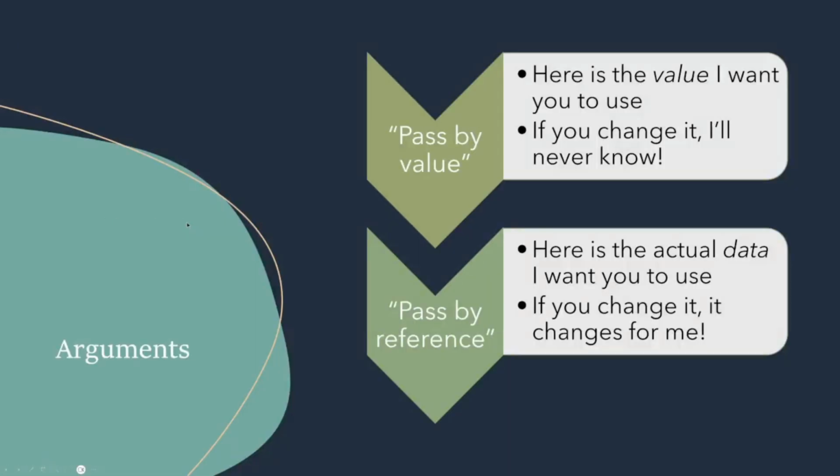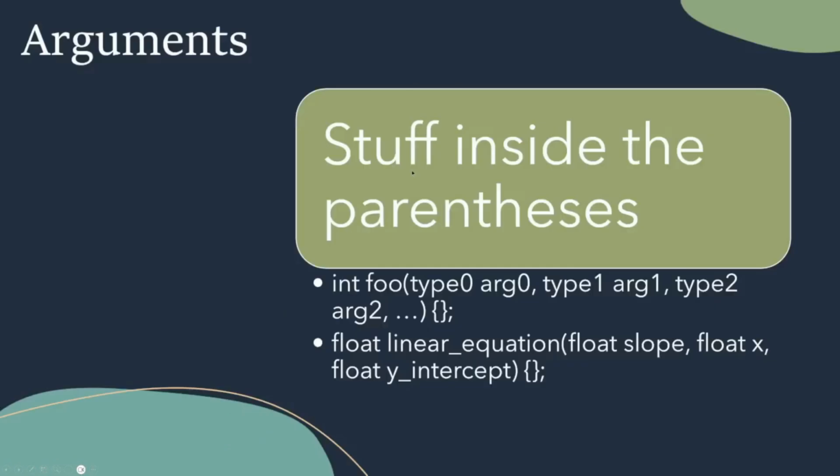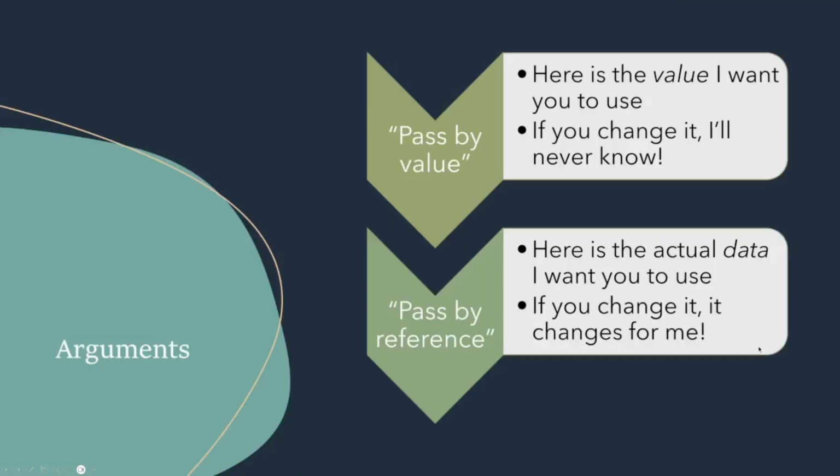Now there's two ways we can pass data to the function. There's pass by value and there's pass by reference. So pass by value is, okay, I've got my x value here that I've created from our loop that we had before. Here's the value that I want you to use. What that's going to do is take a copy of the value of x and pass it to the function.